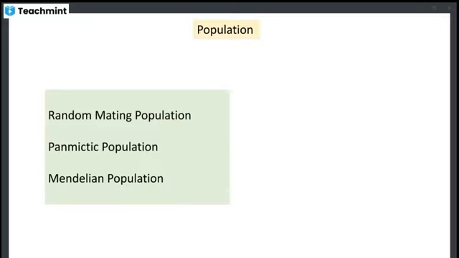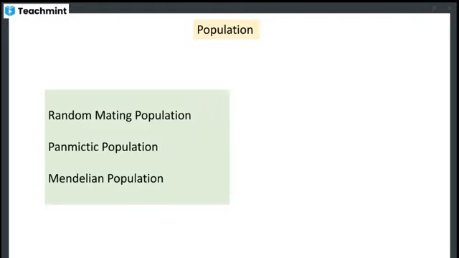But to put it in an effective manner, we can say that in random mating, every individual has an equal opportunity to mate with the other individuals in the population. This is what you call a random mating population.